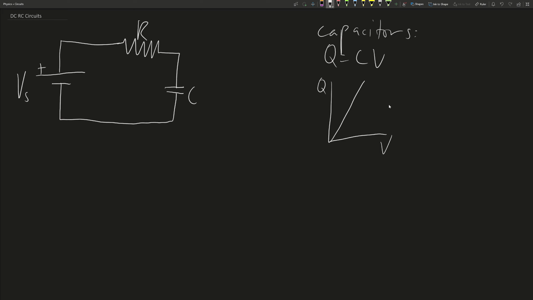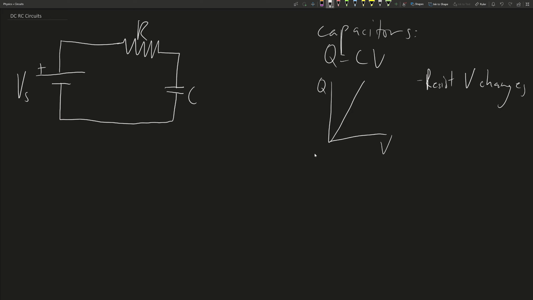Another thing about capacitors is that they can be thought of as resisting instantaneous voltage changes. They resist voltage changes because, like this graph, the voltage can't change without the charge changing, and for the charge to change, there has to be current through the capacitor.